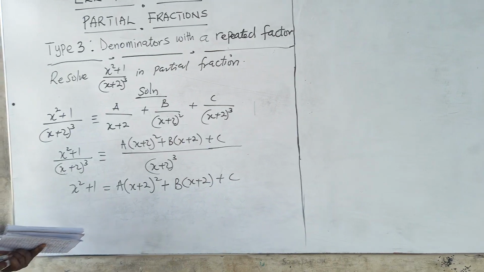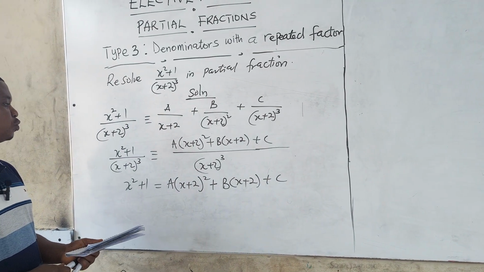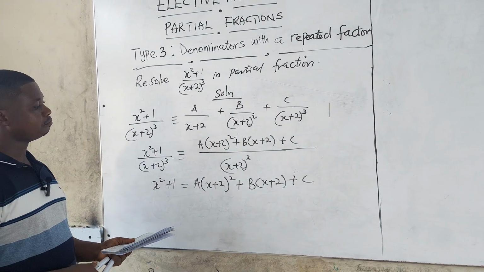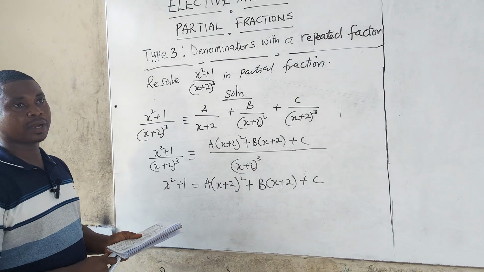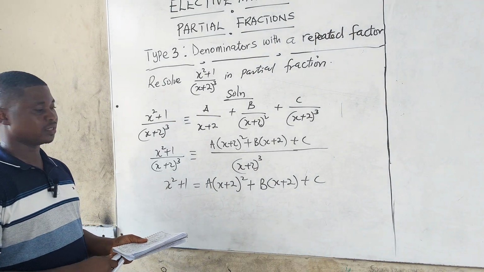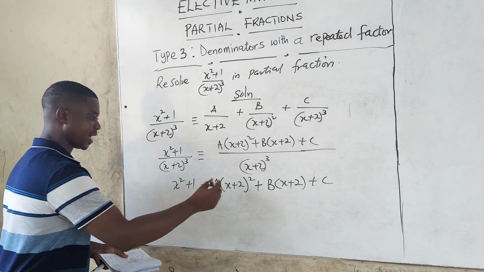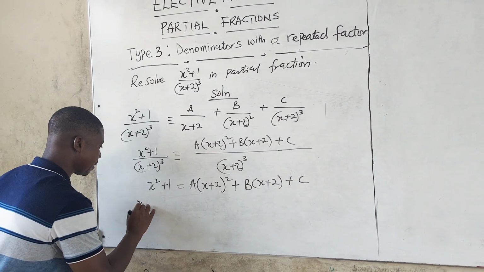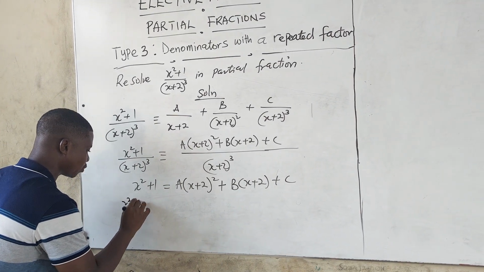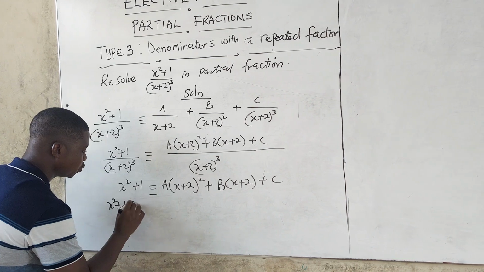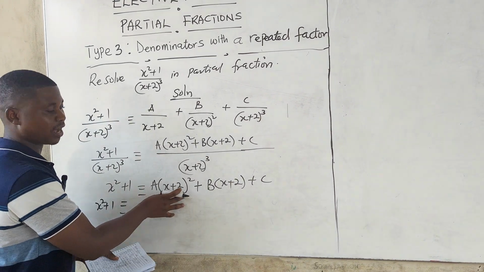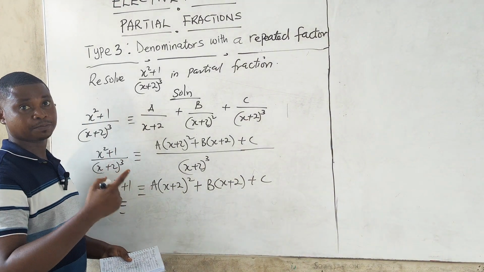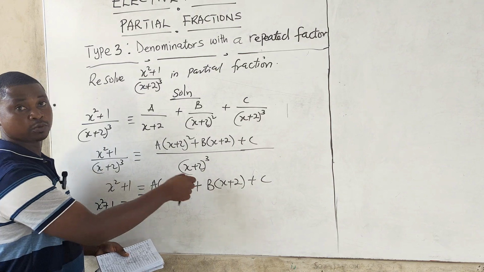So looking at this, it will be proper for us to use the expansion and comparing coefficients. So let's expand this equation. So we have x squared plus 1 is equivalent to, when you open this, you are going to have x squared plus 4x plus 4. That's because this one is multiplying itself.